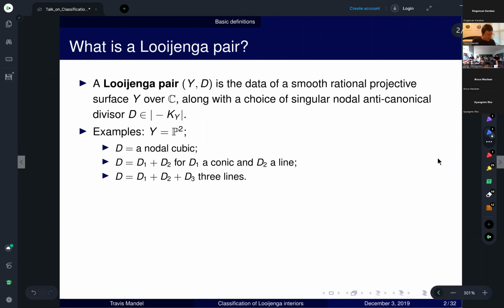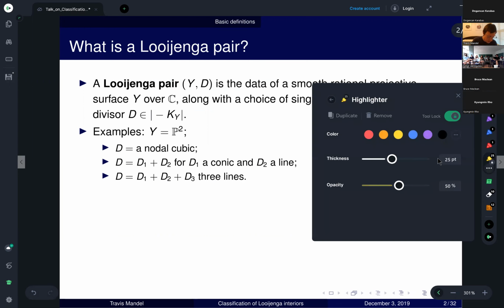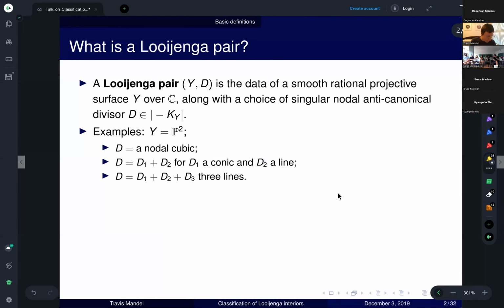So a Looijenga pair is a pair (Y, D), where Y is the data of a smooth rational projective surface, say over the complex numbers, or really over any algebraically closed field of characteristic 0. And D is a choice of singular, nodal, anti-canonical divisor.